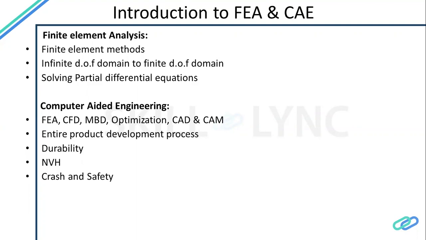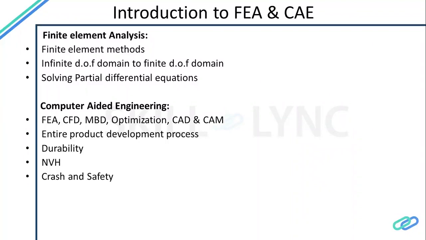In industries, there are basically three domains: durability, noise, vibration and harshness, and crash and safety. So we are talking about Nastran, right? Nastran is helpful in durability and NVH.